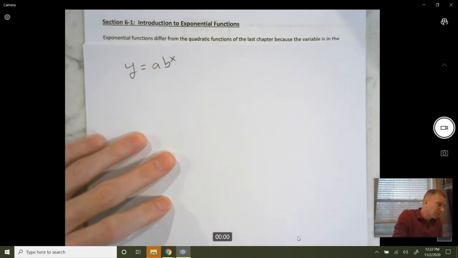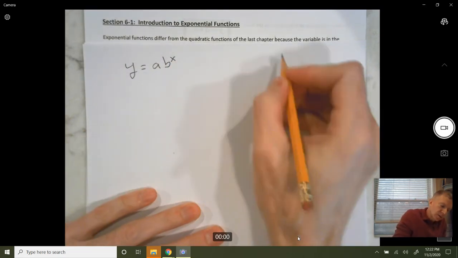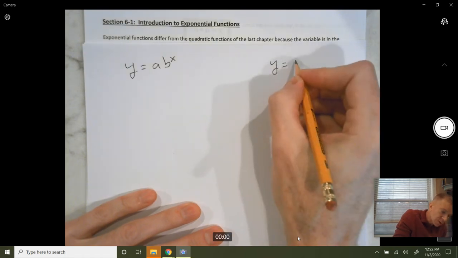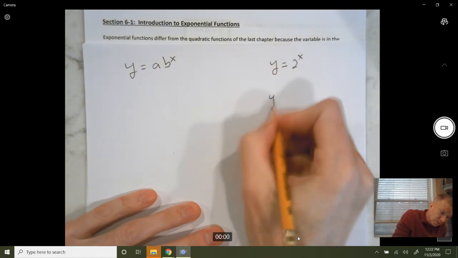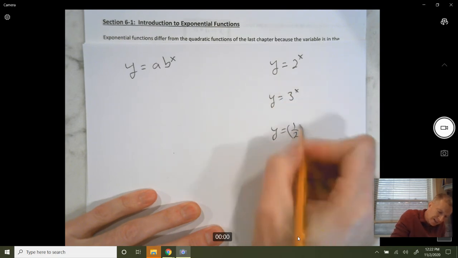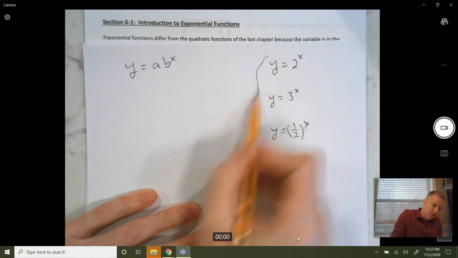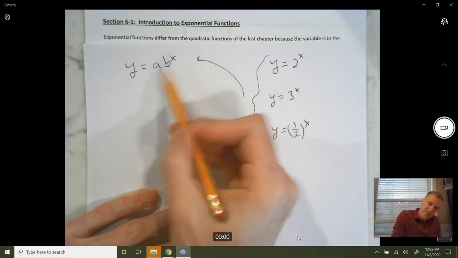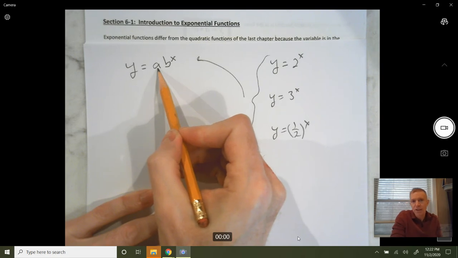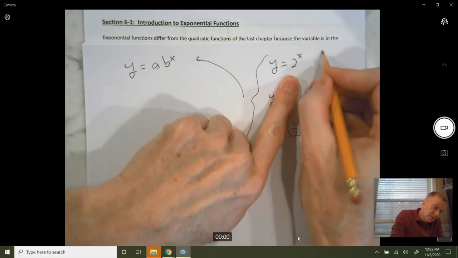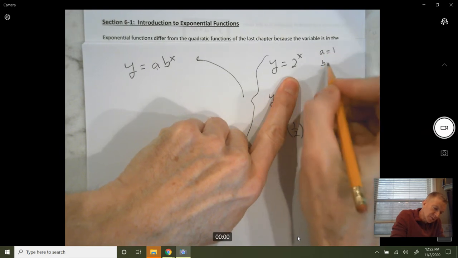Now, you've seen and experimented with a few functions like y equals 2 to the x, or y equals 3 to the x, or y equals 1/2 to the x. Notice these are all technically in this form. They don't show an a value, but they actually do have one. For the first, a is 1 and b is 2.